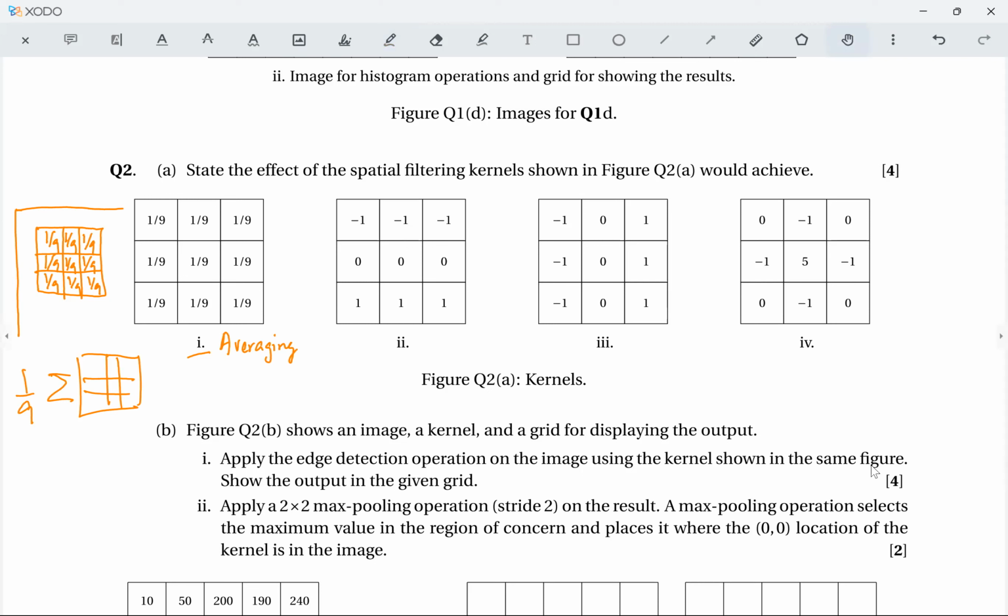A second one, as you see, has all minus ones in the top row. In the bottom row, all plus ones. So we know when a kernel is run, the structures in the image that are similar to the structure of the kernel get sort of amplified or intensified.